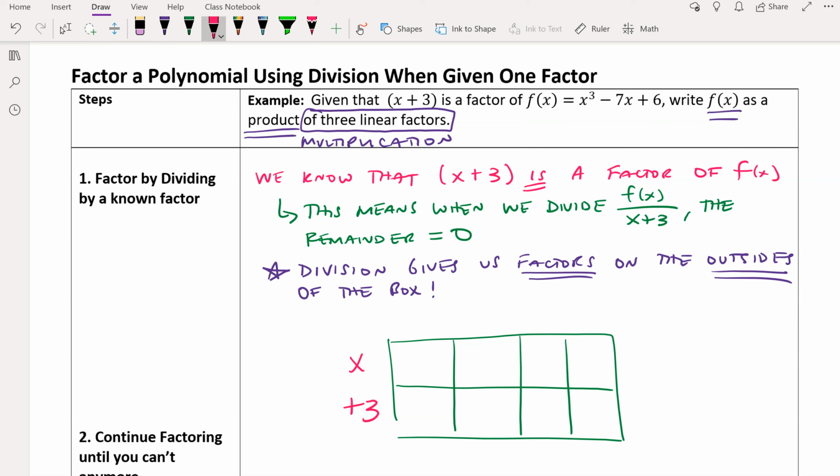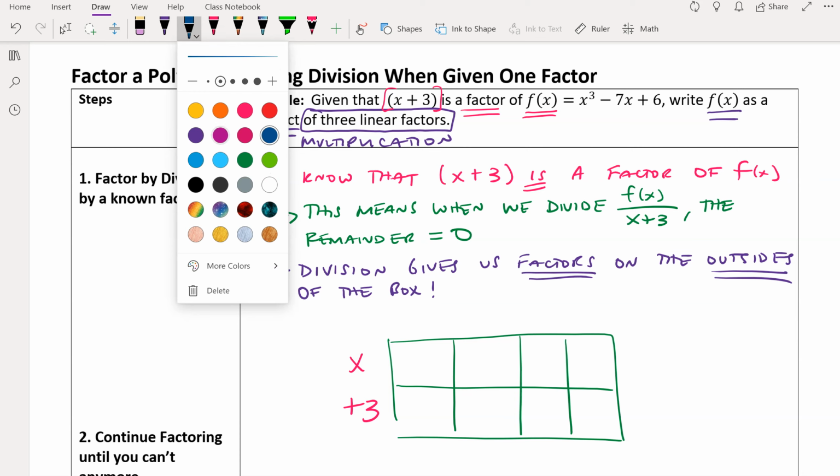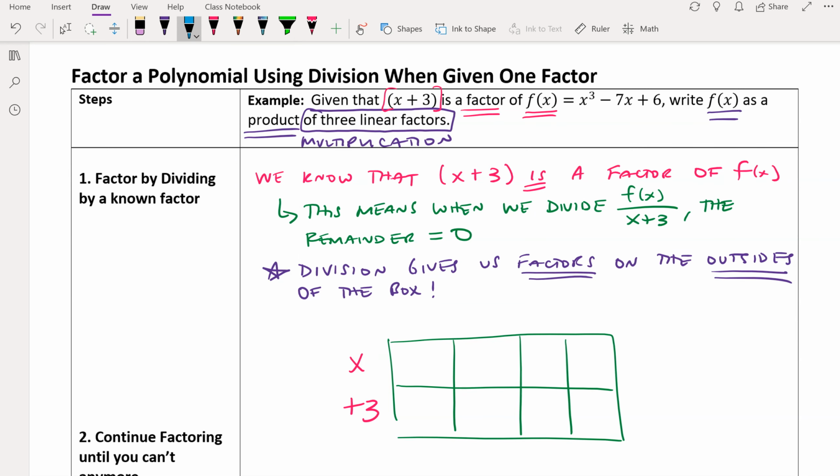X plus 3 is going to go on the outside. And then when we divide, we put the numerator on the inside. If you recall, we put the numerator on the inside. So let's go ahead and get the numerator. What is the numerator? F of x, right? So this f of x is our numerator. Make a note of that.